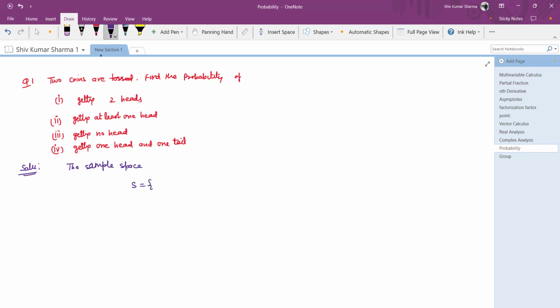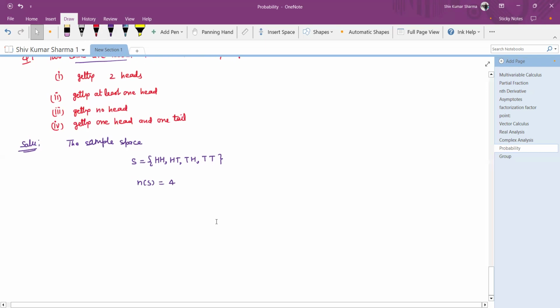Four elements. So when two coins are tossed, the outcomes are both heads, head and tail, tail and head, and both tails. So the number of elements in sample space S is equal to 4.